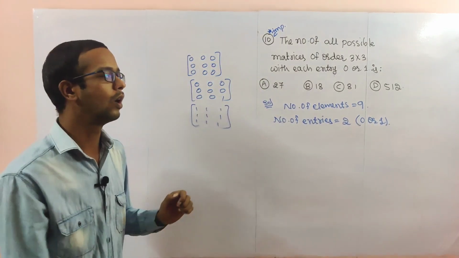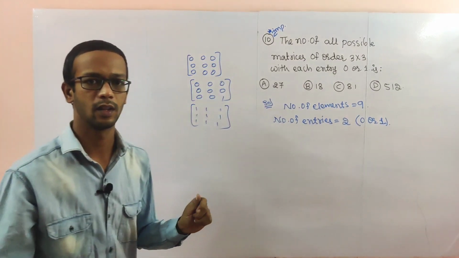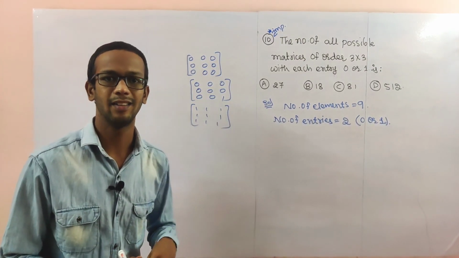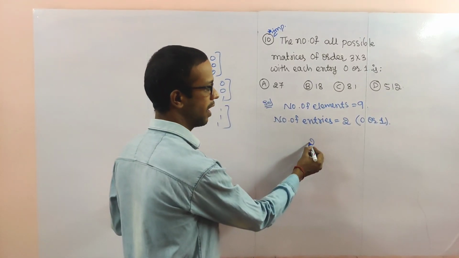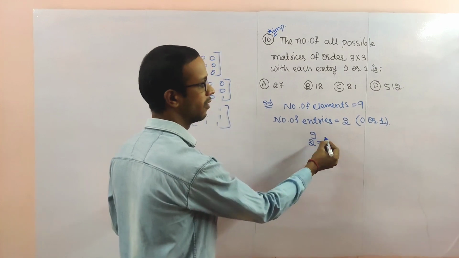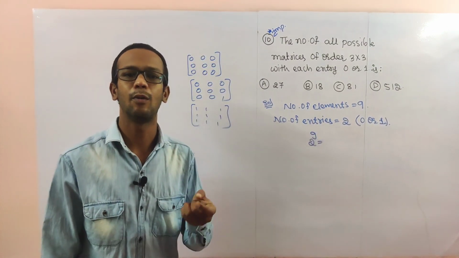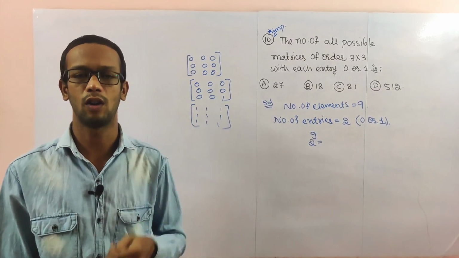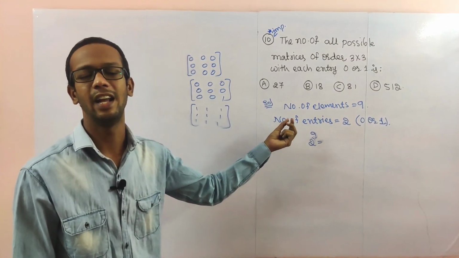Only 2 entries, either 0 or 1. So 2 entries, 9 places. Number of possible matrices is 2 power 9. You can take the example of tossing a coin 2 times: 2 squared, 4 outcomes. Here also 2 entries, 9 places.